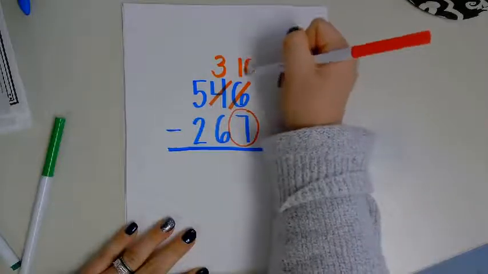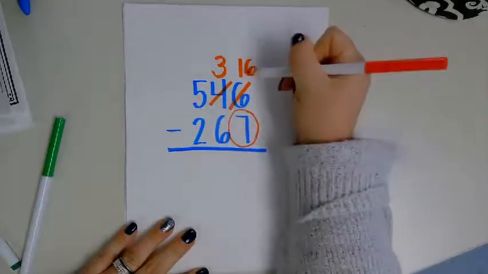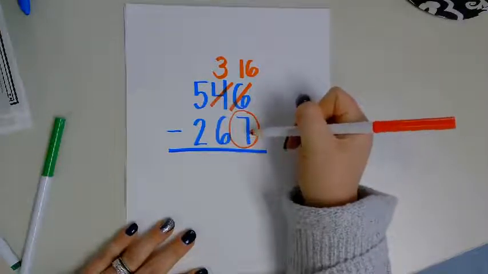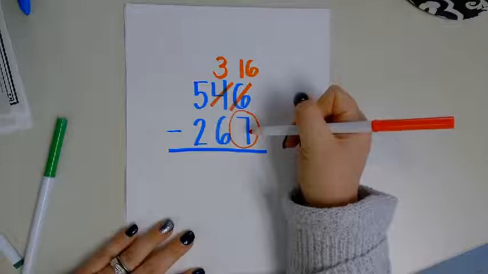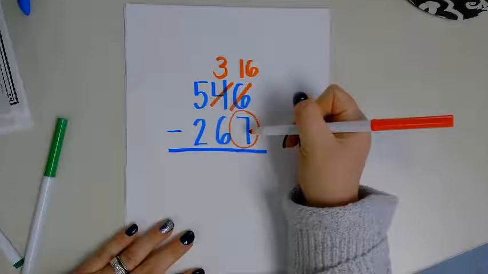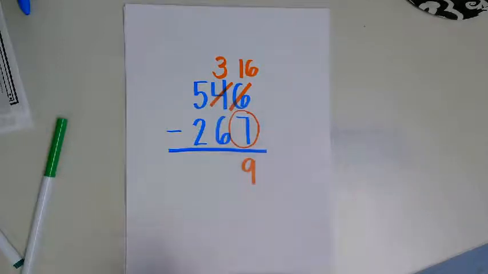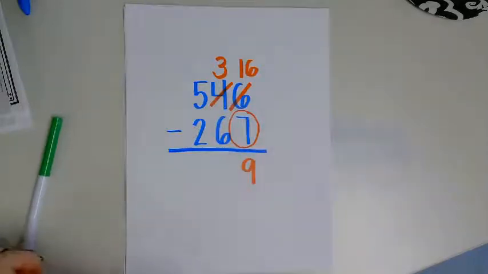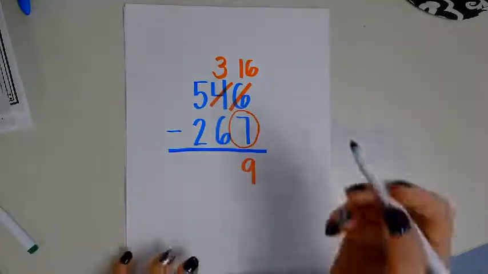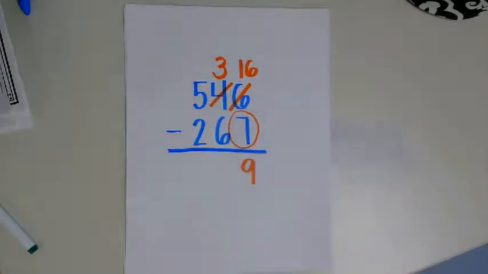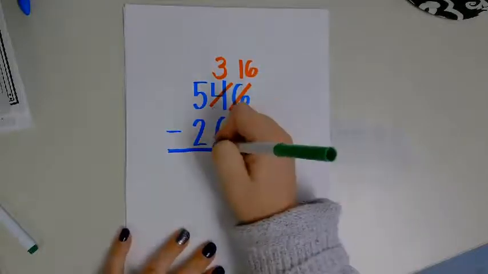Now, 16 minus 7 is, good, 9. Okay, look in your tens place. You have 3 minus 6. Circle the bigger number. 3 or 6? Which one is bigger? Good, the 6.